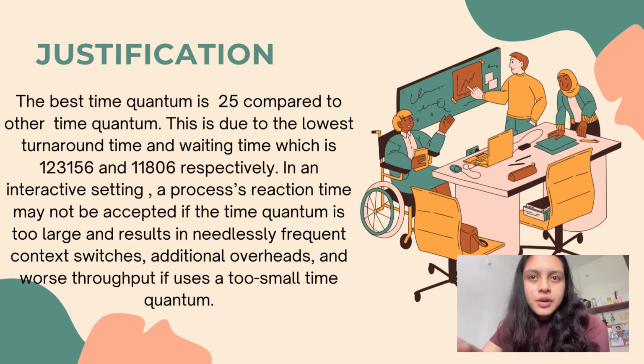In an interactive setting, a process reaction time may not be accepted if the time quantum is too large, and a too small time quantum results in needlessly frequent context switches, additional overheads, and worse throughput.